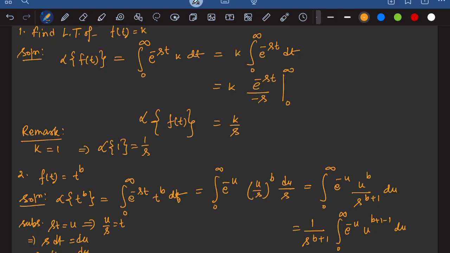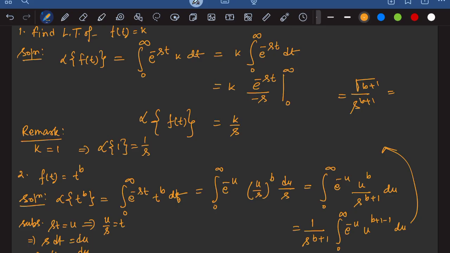So immediately what you can write here is 1 by s power b plus 1, and here you have gamma b plus 1. So this is gamma b plus 1 divided by s power b plus 1.